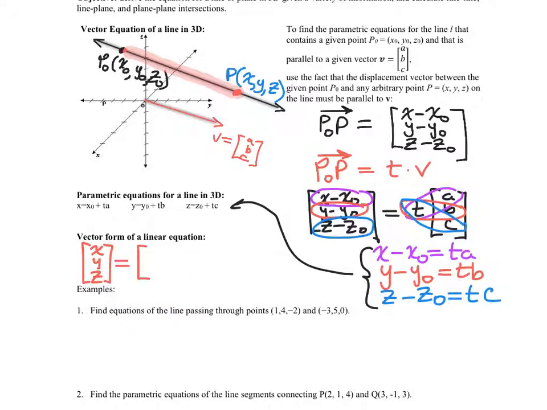And what x, y, z is equivalent to, in this case, x sub o plus ta, y sub o plus tb, and z sub o plus tc. All dependent on what your parallel vector is. So you need a point, but you also absolutely, I mean, you're not going to get anywhere without identifying what the parallel vector is.